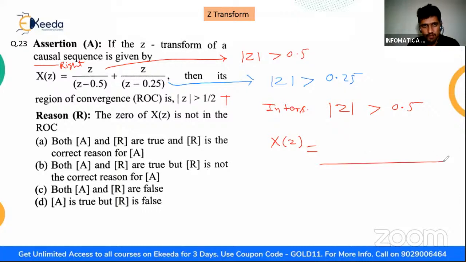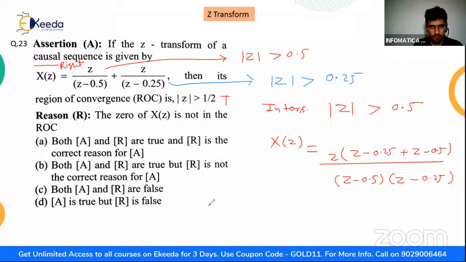So X(z) you can simplify, with z minus 0.5 and z minus 0.25 in the denominator. Just do the cross multiplication, when z is already there. So this will be z minus 0.25 plus z minus 0.5. I'm just writing the numerator only, denominator as it is.